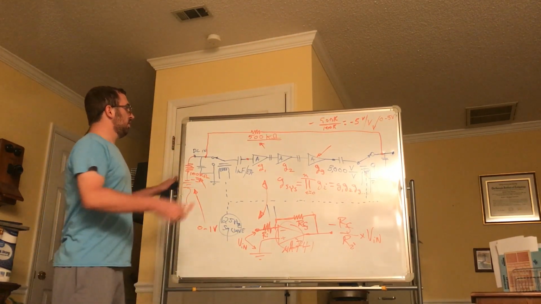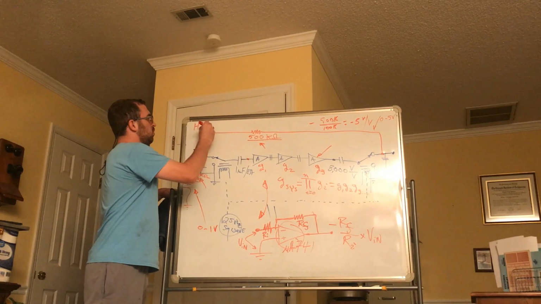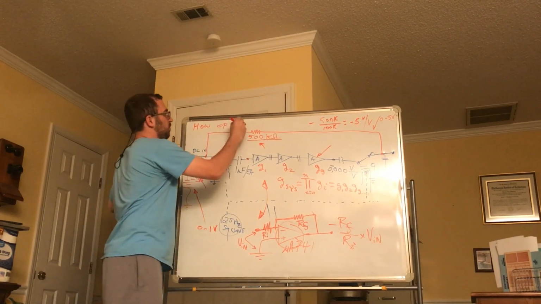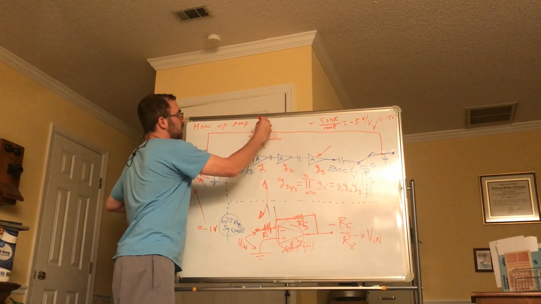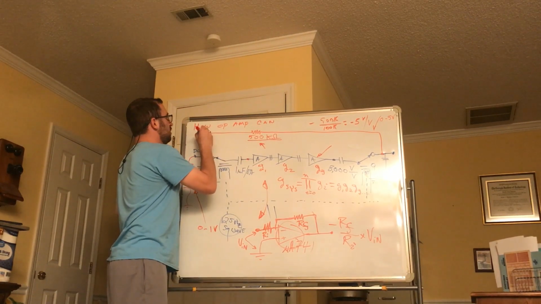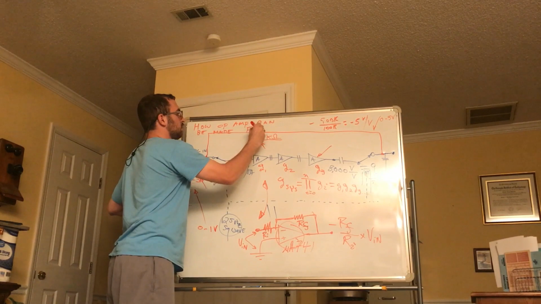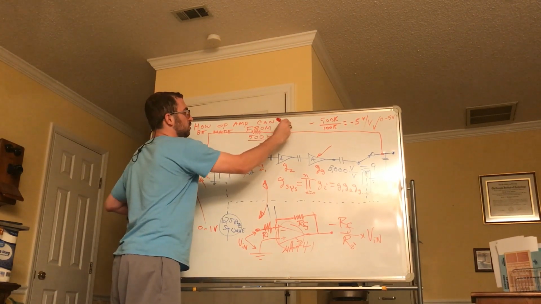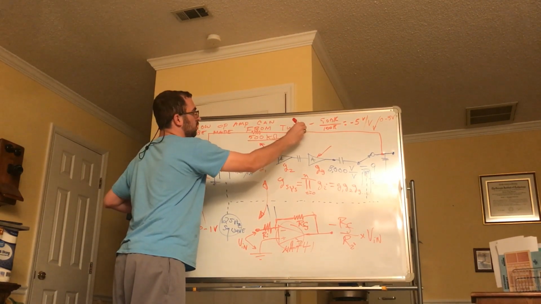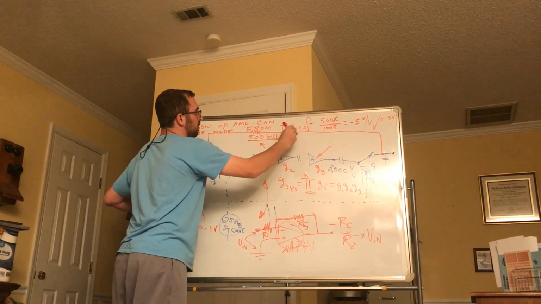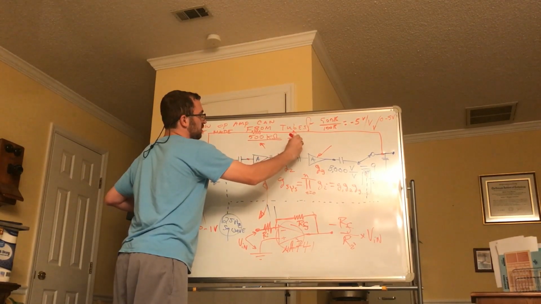But anyways, this is how an op amp can be made from tubes. Or for that matter, you could also probably get away with using a field effect transistor.